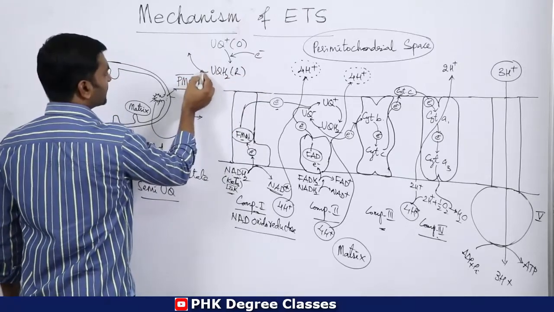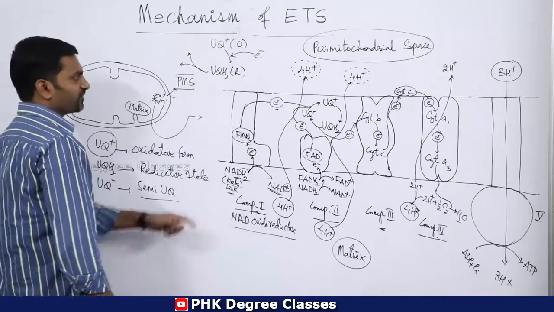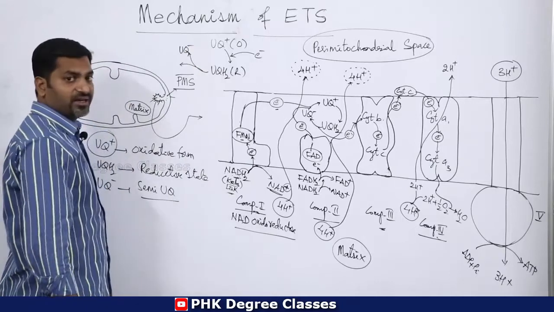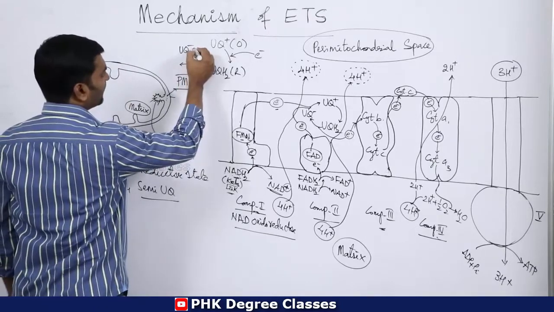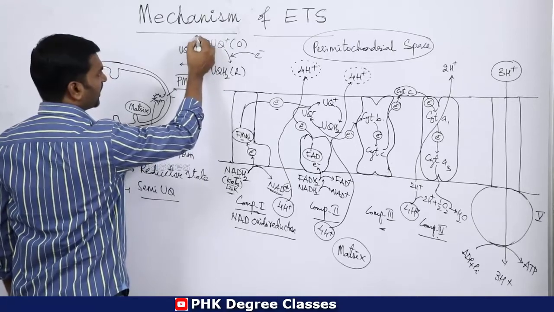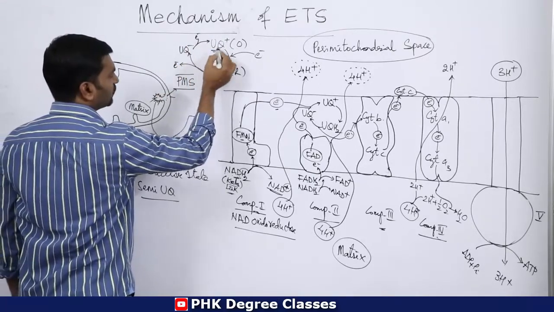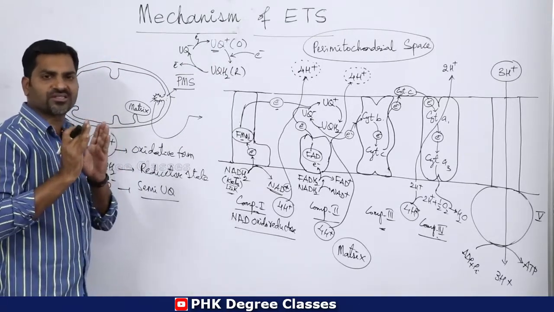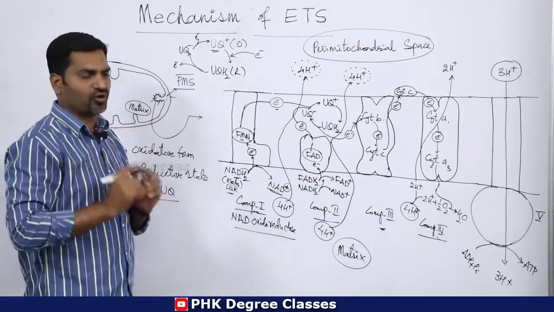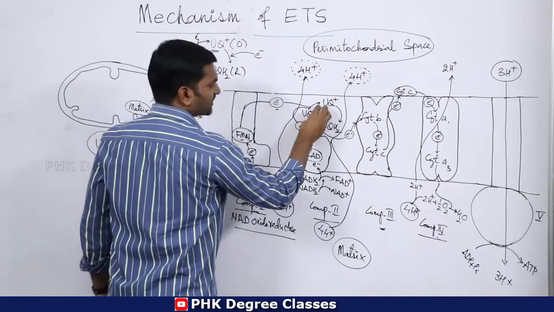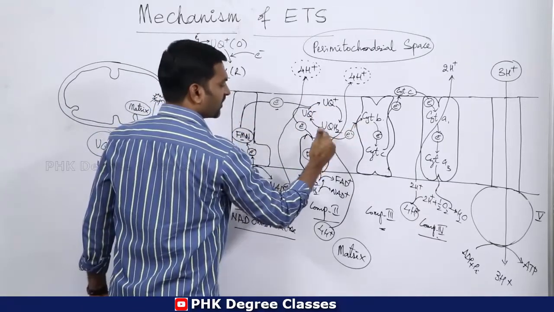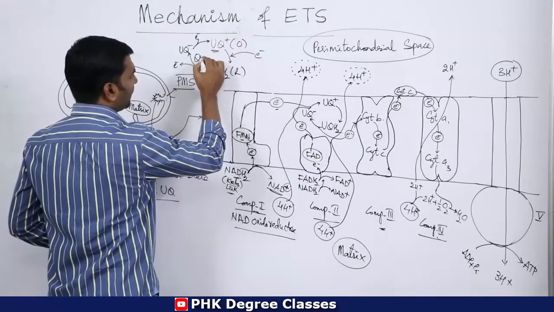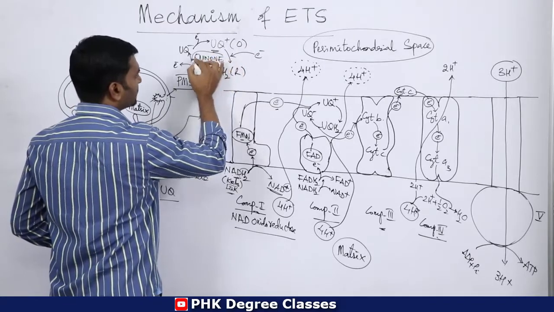Then whenever one electron is lost from the reduced state of ubiquinone, it will become UQ minus, which indicates semi-ubiquinone. Whenever it loses another electron, it will become the same state, that is UQ plus, the oxidized stage of ubiquinone. This entire cycle takes place between complex 1 and 3 and complex 2 and 3. So this cycle is called the quinone cycle.